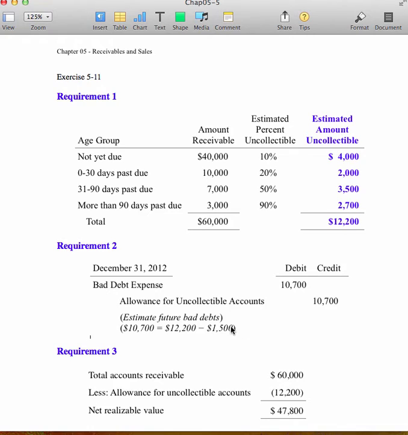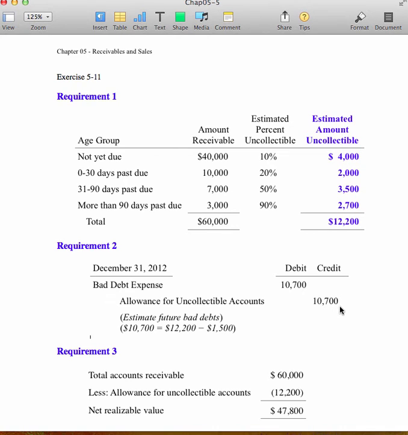Therefore, we only have to record the difference between the two. So we use 12,200 subtracting the balance that we already had in there, and we get 10,700. So the bad debt expense is debited by 10,700, and then the allowance account is credited by 10,700.